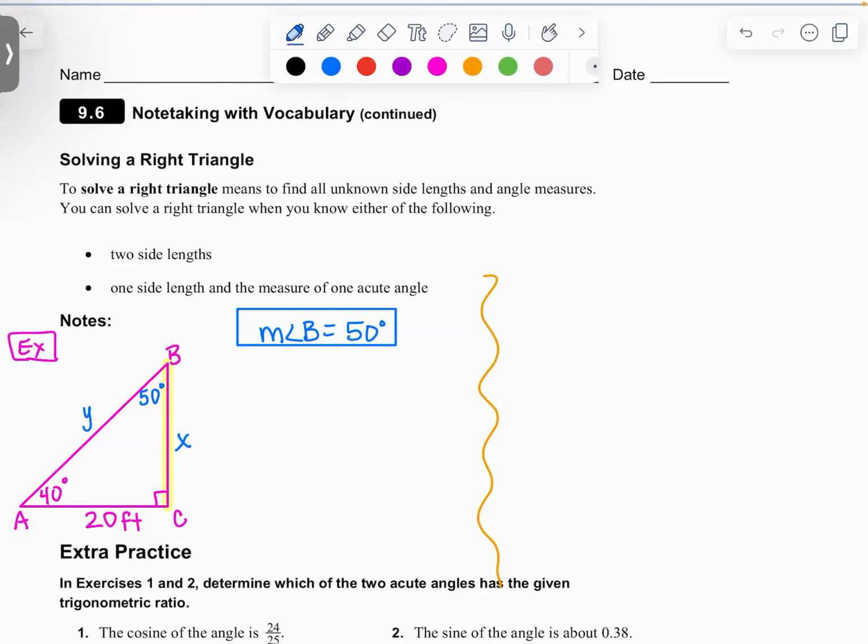I think I'm gonna like that set up better. So we can say that the tangent of 40 degrees is X over 20. Do you agree? Okay, now notice how we have the angle, okay? So this is a type of problem from last week that you did this morning in your warm-up, okay? Think about how you need to type this in your calculator.